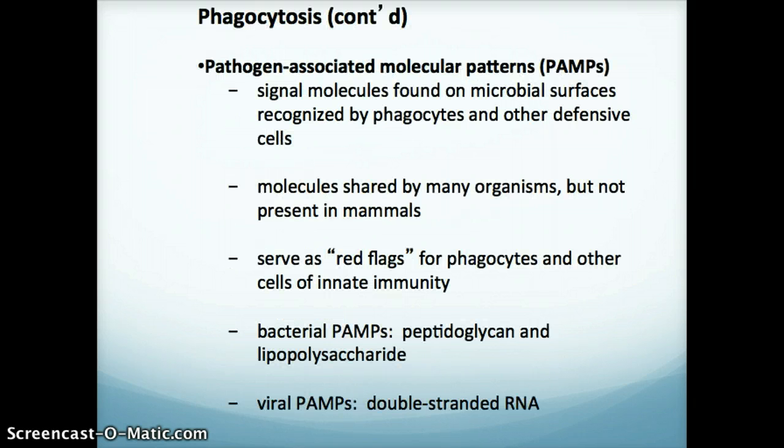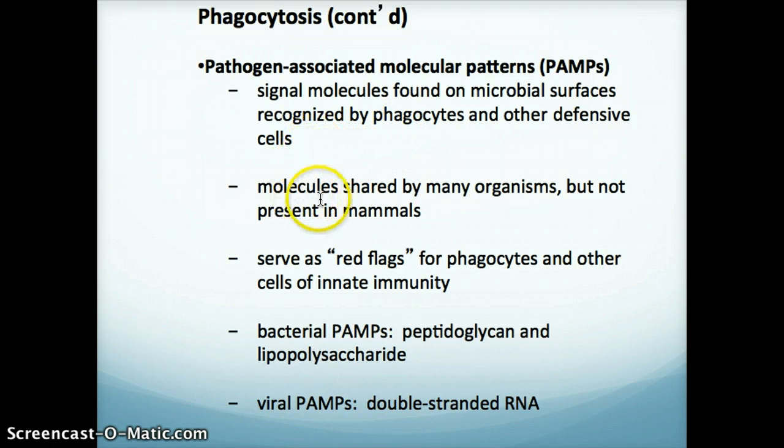So how does it recognize a foreign invader? How do phagocytes do that? And they do this through looking for pathogen-associated molecular patterns, and these are referred to as PAMPs. These are signal molecules that can be found on microbial surfaces, and they're recognized by phagocytes and other defensive cells as foreign to the body.